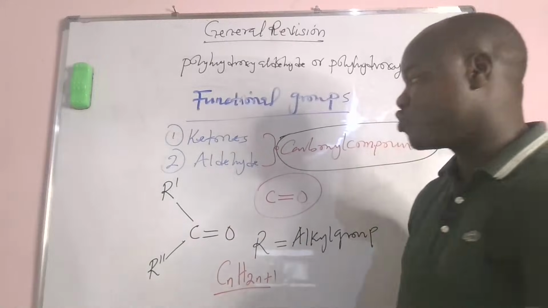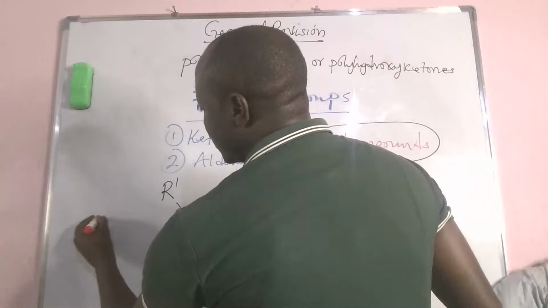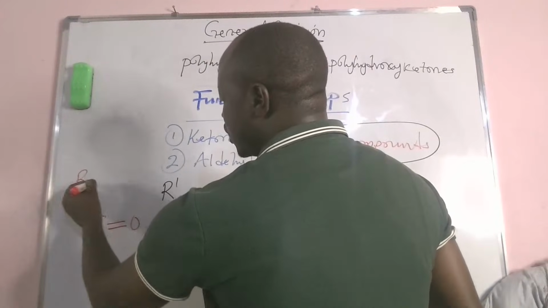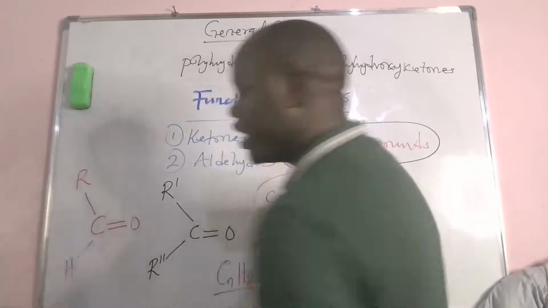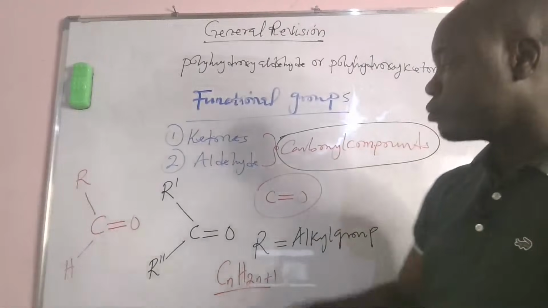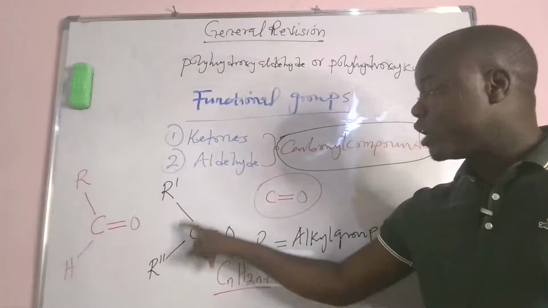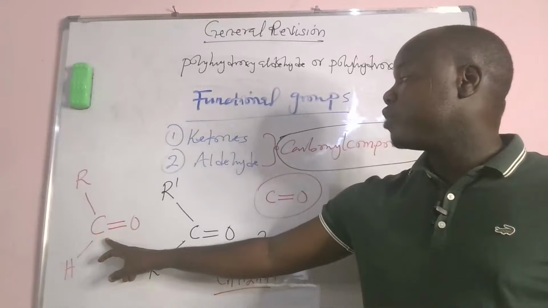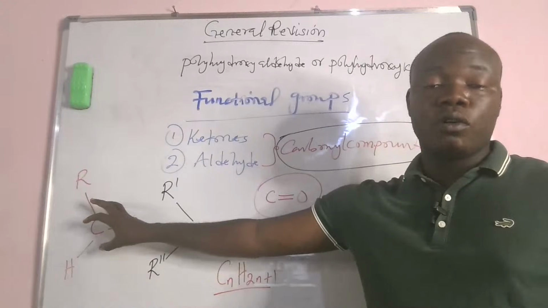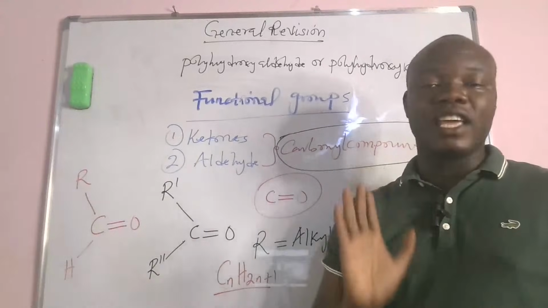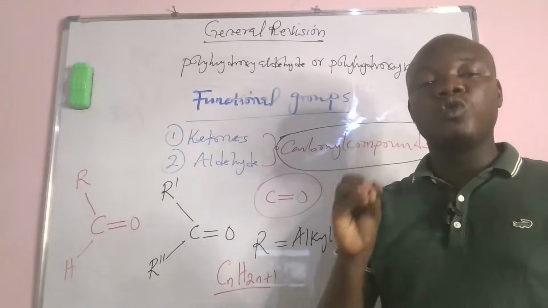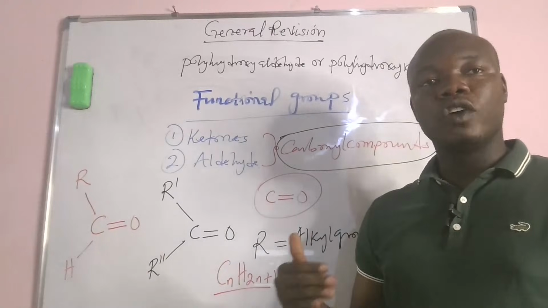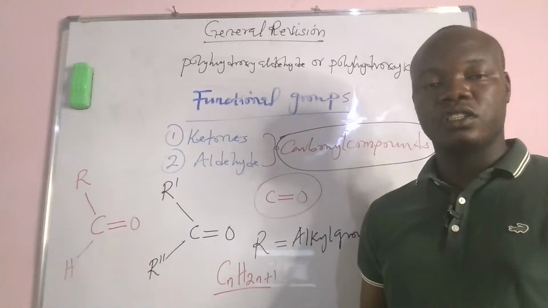What is the difference between ketones and aldehydes? That is what we want to demonstrate. In the case of aldehydes, they also have a carbon to oxygen double bond, with one R side chain and a free hydrogen attached to it. Look at it. You see the differences? The carbonyl carbon of a ketone contains two different alkyl groups, while in the case of aldehydes, the carbonyl carbon is attached to one free hydrogen atom. Do you understand the difference before you proceed?